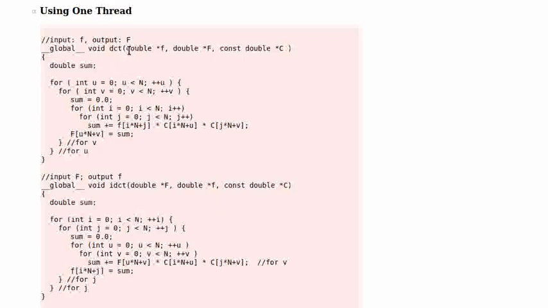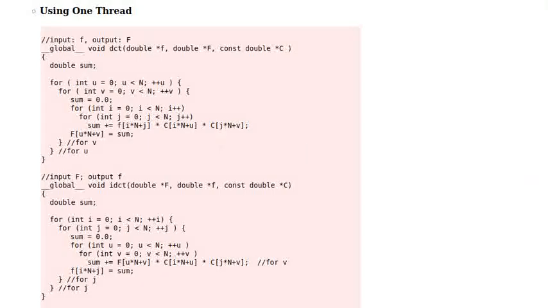So we only need to change a two-dimensional array to a one-dimensional array. And also we need to pass in the cosine values. Because of this change, F(i,j) becomes F[i times n plus j] and so on.